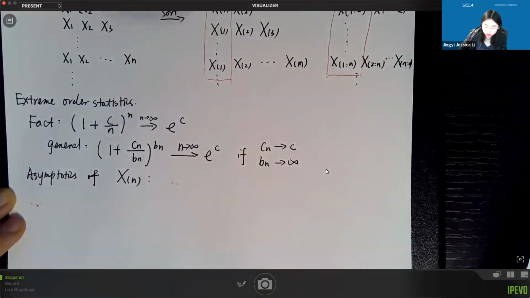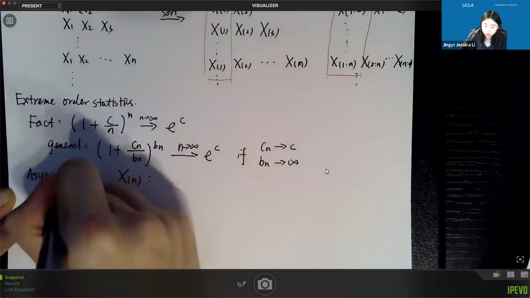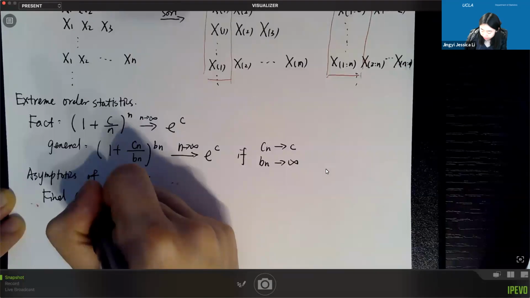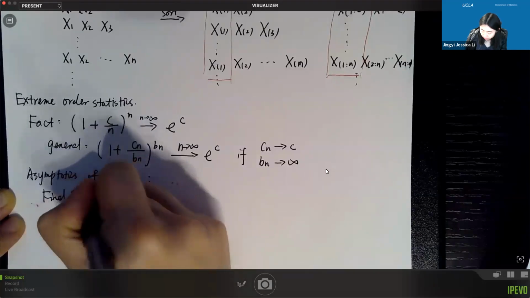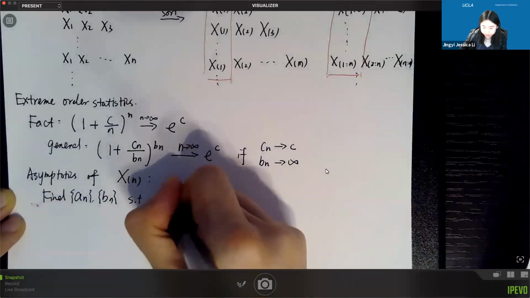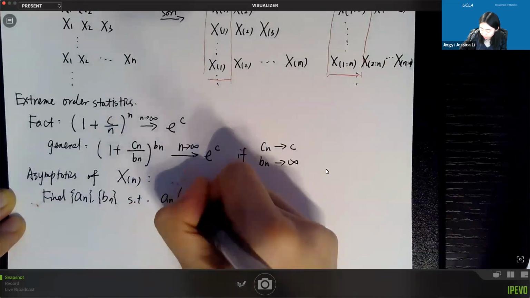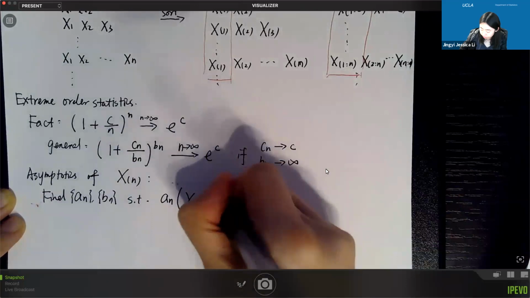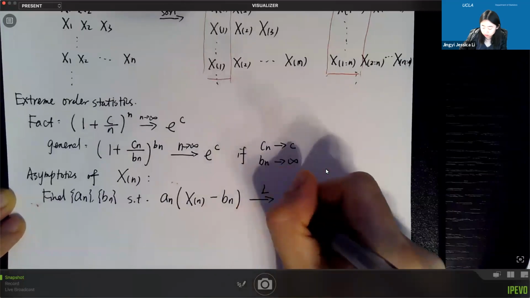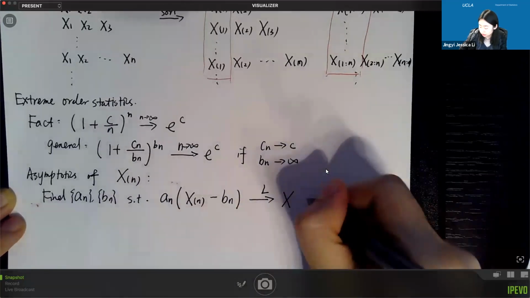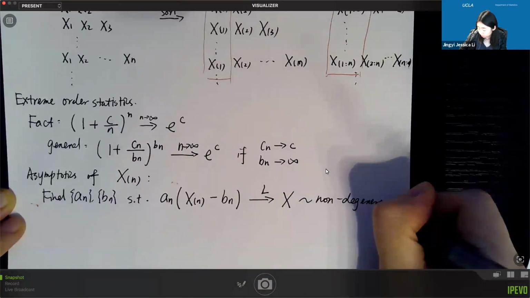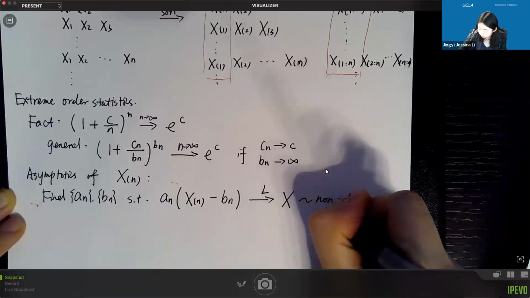Our goal is to find constant sequences an and bn such that an multiplying Xn minus bn converges in law to some X, which follows some non-degenerate distribution.